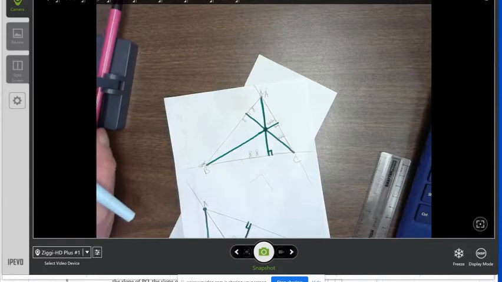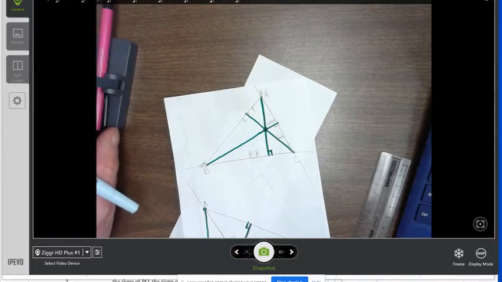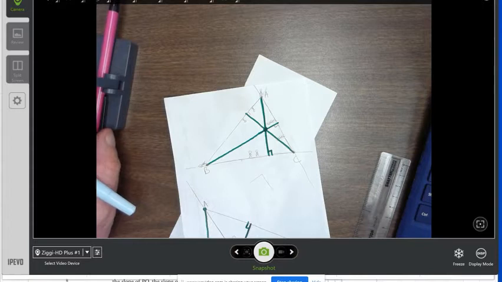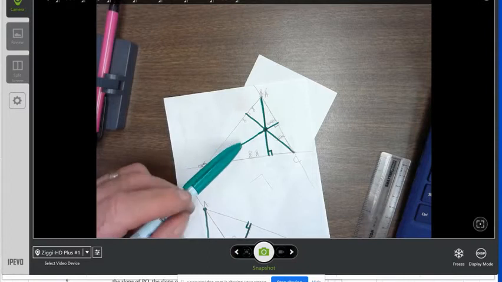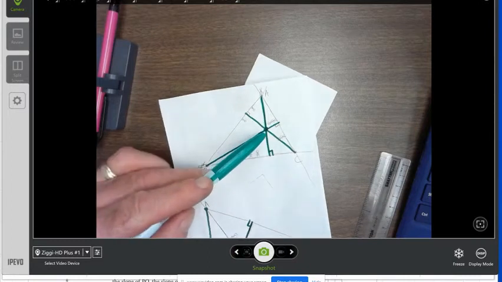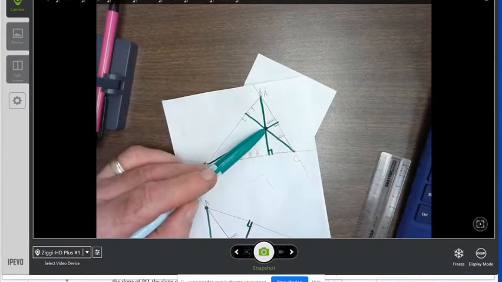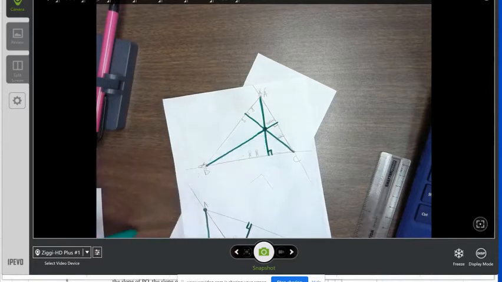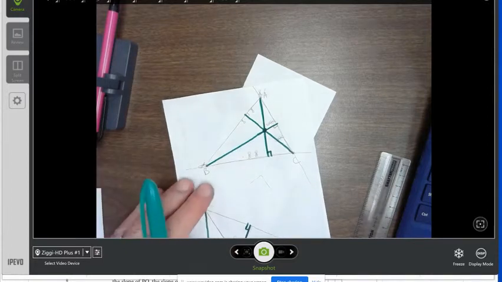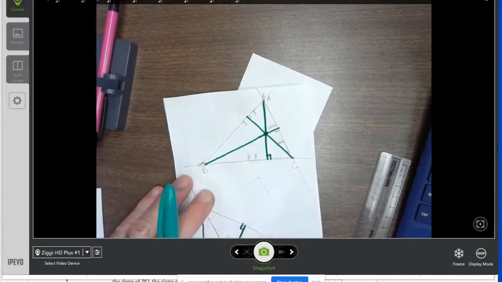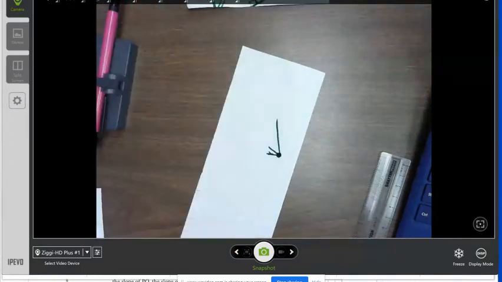And the significance of the centroid is that it is the center of gravity. So all three of those have some usefulness. The orthocenter, there's not really any practical application of why we would ever need to know it. So that's one that we just throw in there because it's the fourth type of point of concurrency.